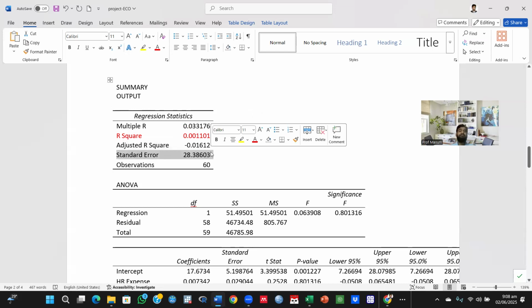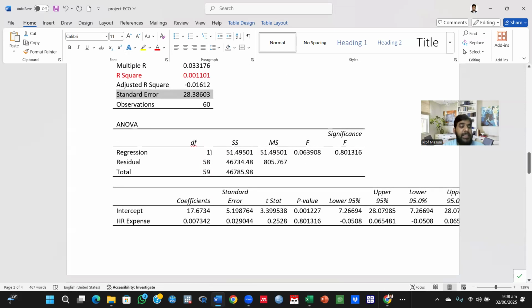And the intercept coefficient is 17.67 and the HR expense factor is 0.0073. The P-value of the intercept is less than 5%, but the P-value of HR expense is very high. That means this result is very insignificant.